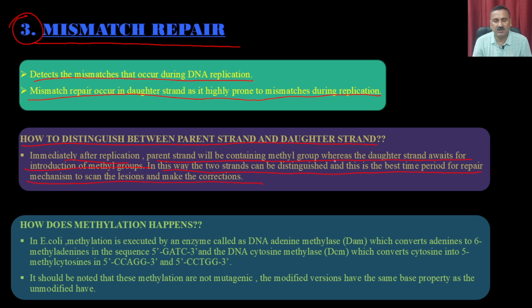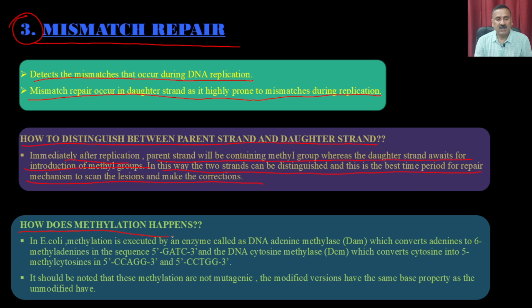This is very important: the repair is only going to occur in the daughter strand rather than the parent strand. The parent strand just remains intact, and in the daughter strand you have these kinds of repair mechanisms. How do you recognize the daughter strand? The daughter DNA is unmethylated, because the methylation has not yet been done for all the adenine groups.